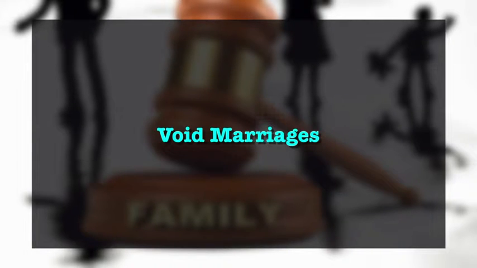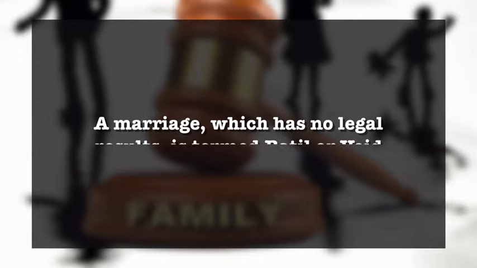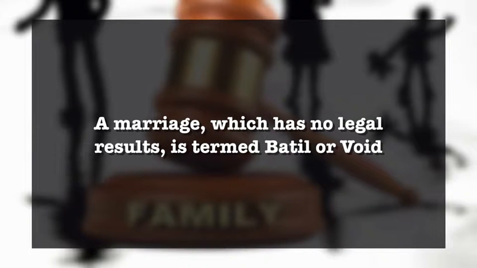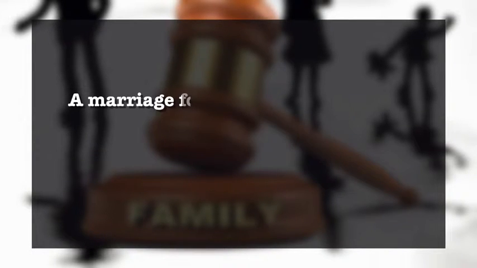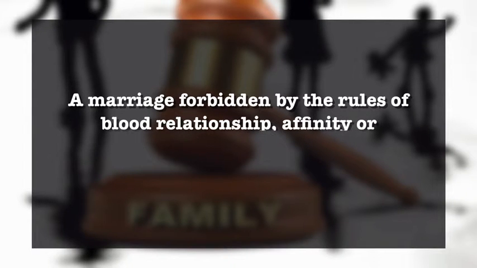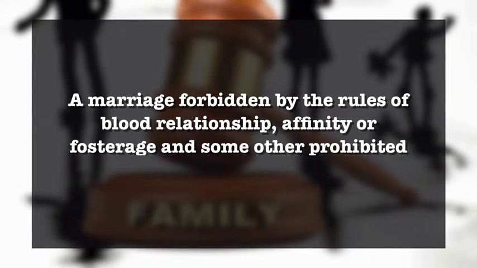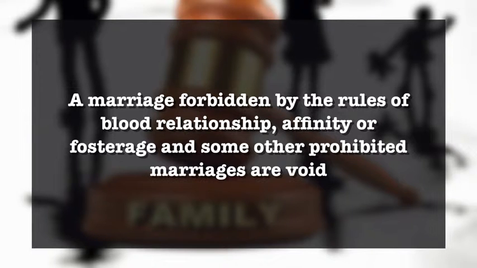Number 2, void marriages. The issues of void marriages are not legitimate. A marriage which has no legal results is termed batil or void. A marriage forbidden by the rules of blood relationship, affinity or fosterage and some other prohibited marriages are void.